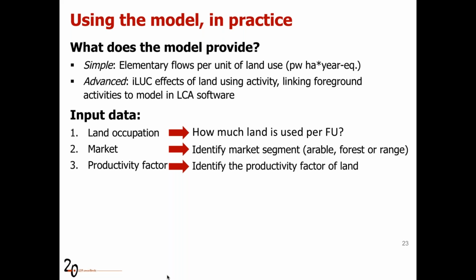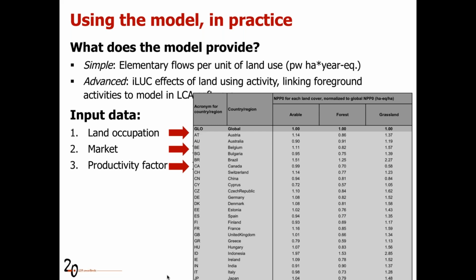Now, the productivity factor can be simply read in a table. Jannick showed the map from Aber et al. before. So the productivity factor is basically, if we assume that the productivity factor of the global land is 1, you can see that the productivity factor for, say, Denmark is 1.08, as Jannick already showed before. So it's slightly higher than the global average.